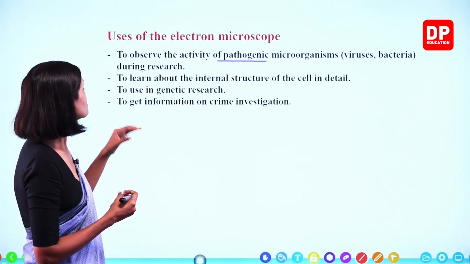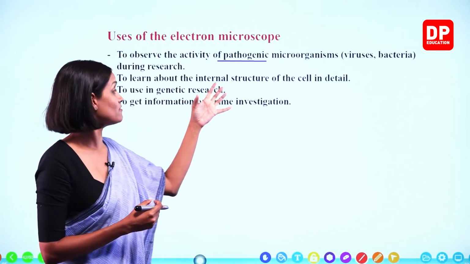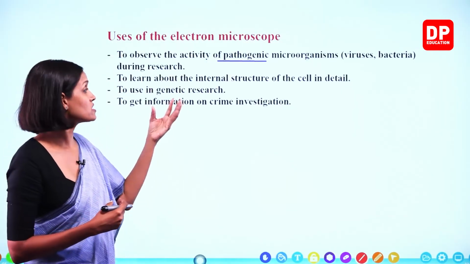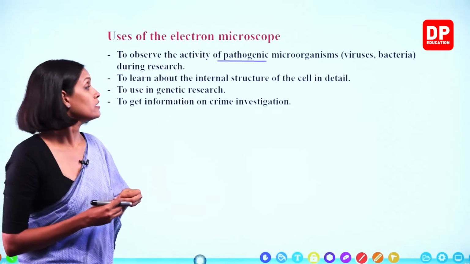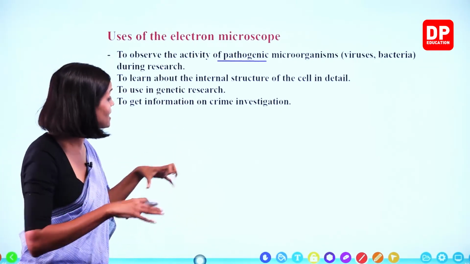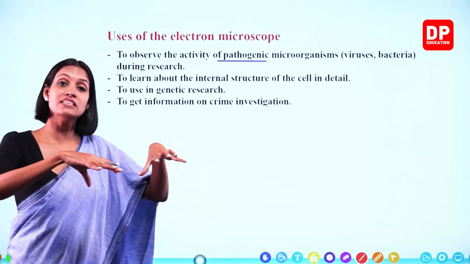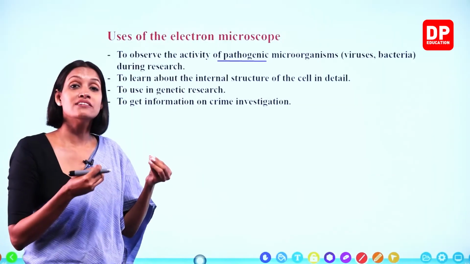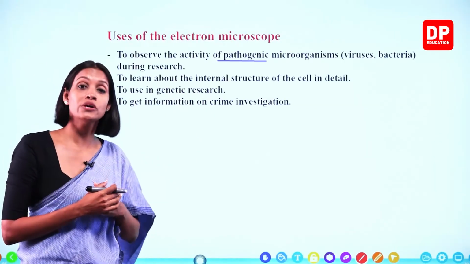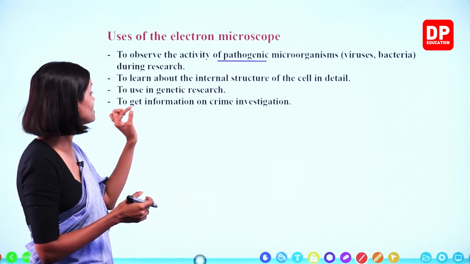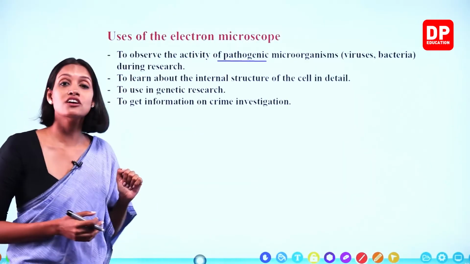Okay, children, to get information on crime investigation, to find the criminals, sometimes we investigate the crime place, right? The place where the incident took place, to find out what residues, like gunshot residue, were left by the criminals. These can be analyzed using the electron microscope.